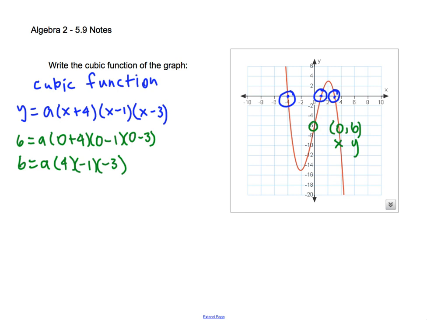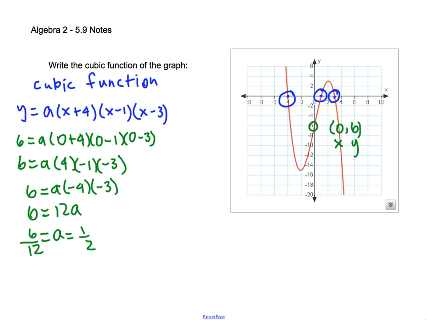And let's see. 4 times -1 is -4. Times -3 is going to be +12. And then you just solve that bad boy out for a. So a is going to be equal to 6 over 12, or 1/2.